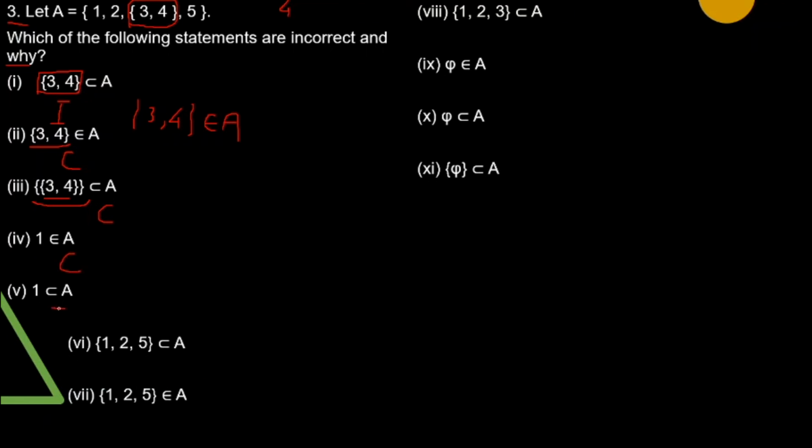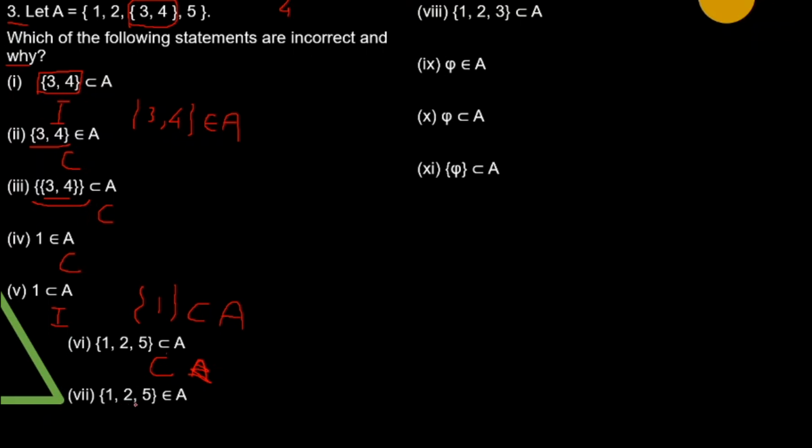Why? If it is a subset of A, how should you write it? {1} subset of A. Fine. Next, {1, 2} is a subset of A. Clear? This is the correct one.